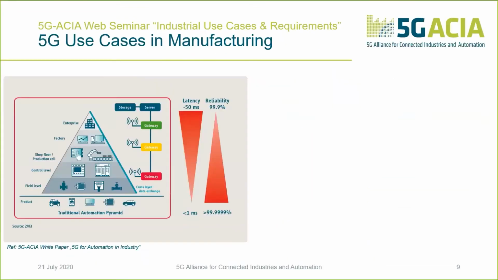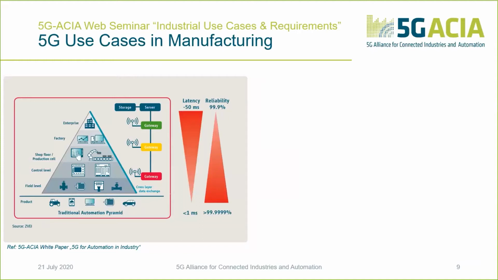You see here the traditional automation pyramid that provides some structure for manufacturing and industrial automation from field level through all the different structures and organizational levels, through the control level, production cell, factory, up to the whole enterprise.